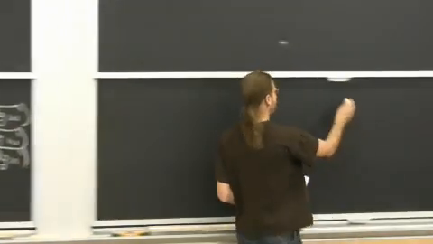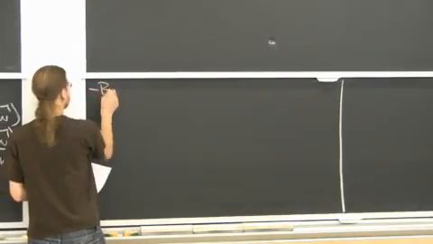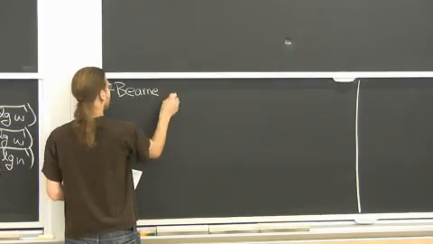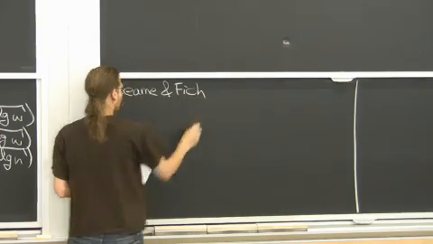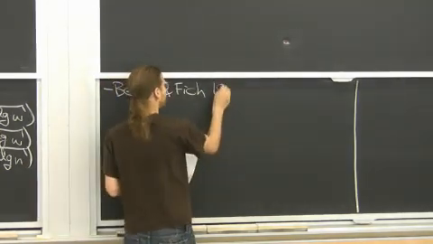Next we have Beame and Fich. This now is about the time when I entered the world of data structures. And so Beame and Fich was the state of the art, or came out just when I was starting, 1999.